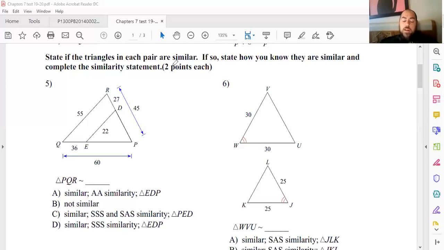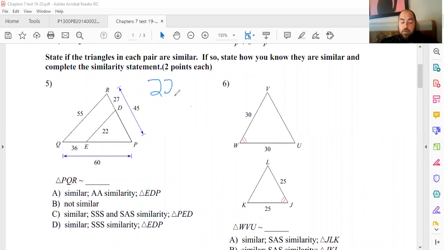So what we want to do is compare the two triangles and see whether or not they are similar. So we're just going to do a proportion of the sides. We're going to start off with 20. Whoa, that's much bigger than I expected. There we go. Okay.